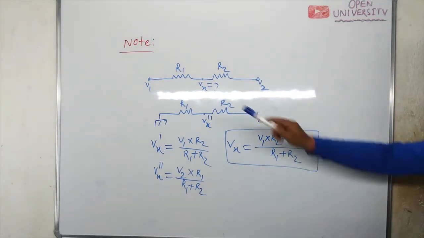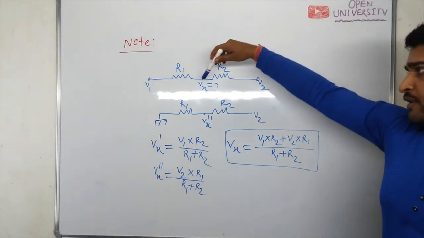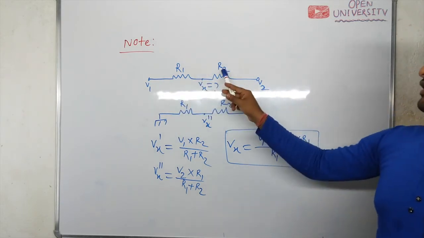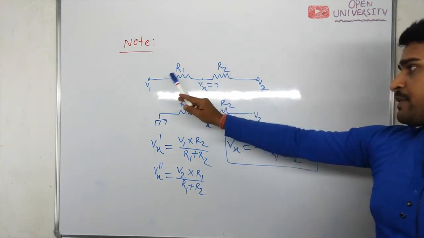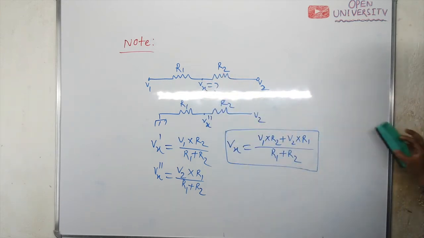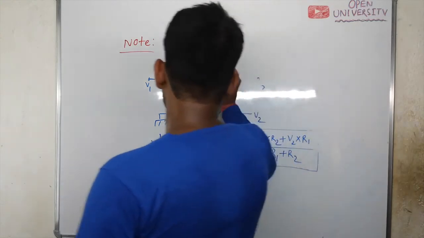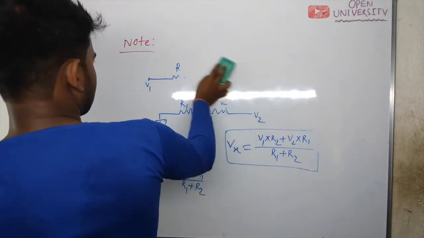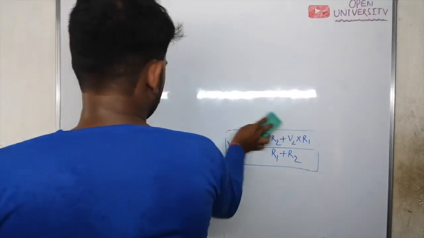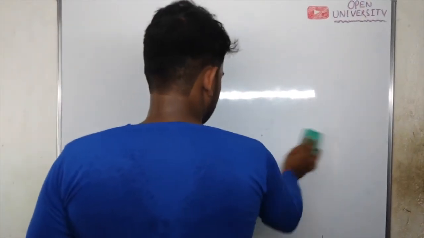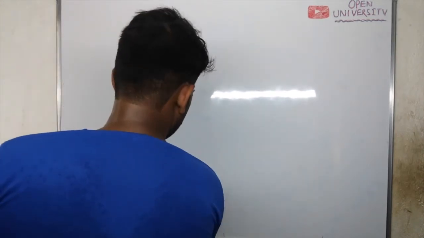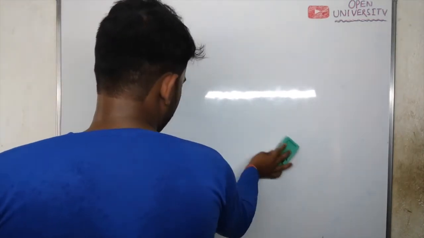If you want to find the voltage at this middle point, it will be V1 into R2 plus V2 into R1 divided by R1 plus R2. The voltage at the center will be V1 into R2 plus V2 into R1 divided by R1 plus R2.